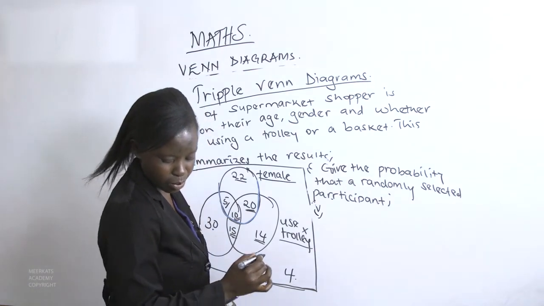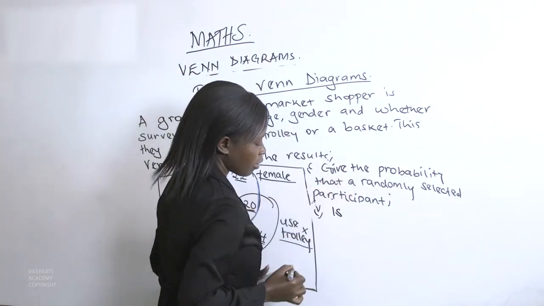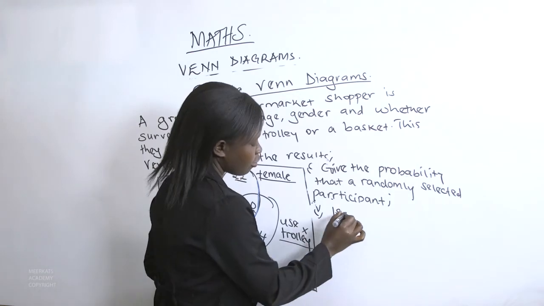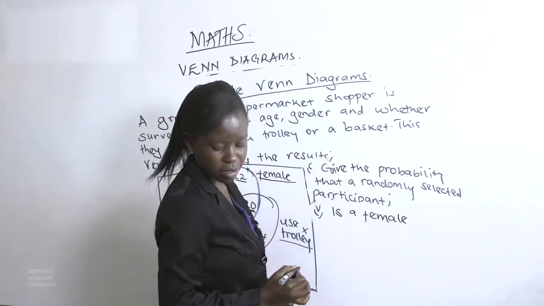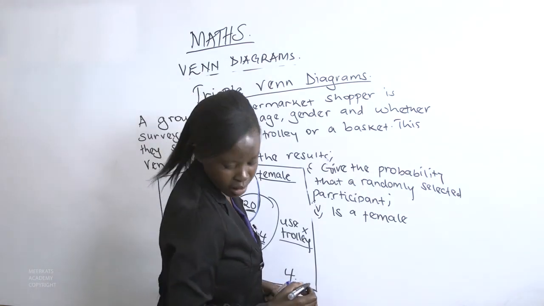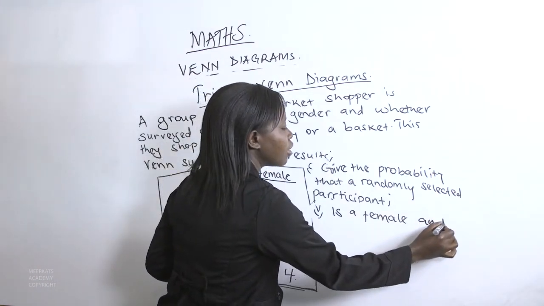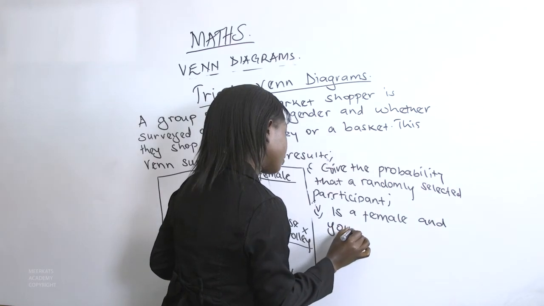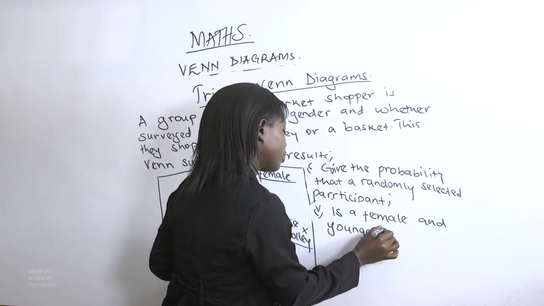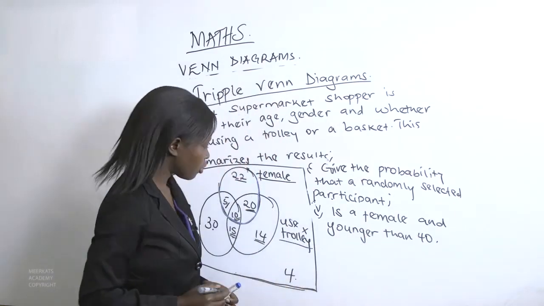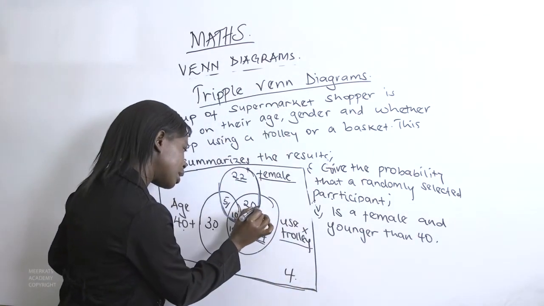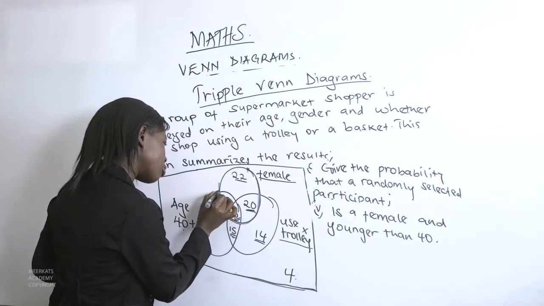Next is to find the probability that a person selected is a female and younger than 40. So now we are dealing with this circle for female.